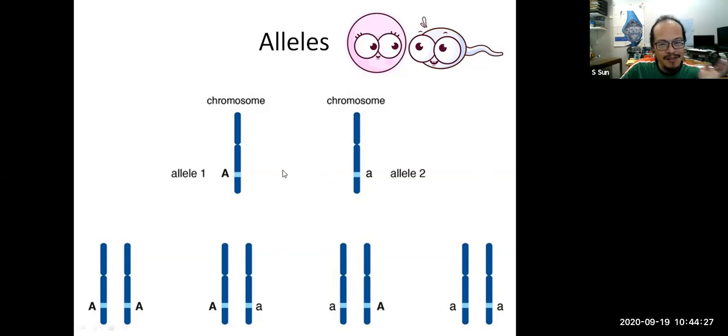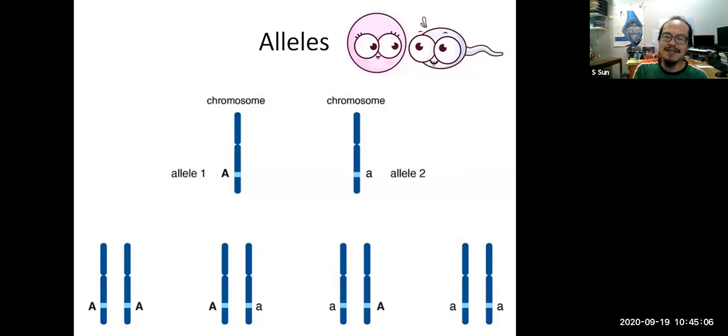So in his garden, he could think there are four possibilities: both capital A, or capital A and small a, or small a and capital A, or two small a. There is no other way. It could be only one of these, right?